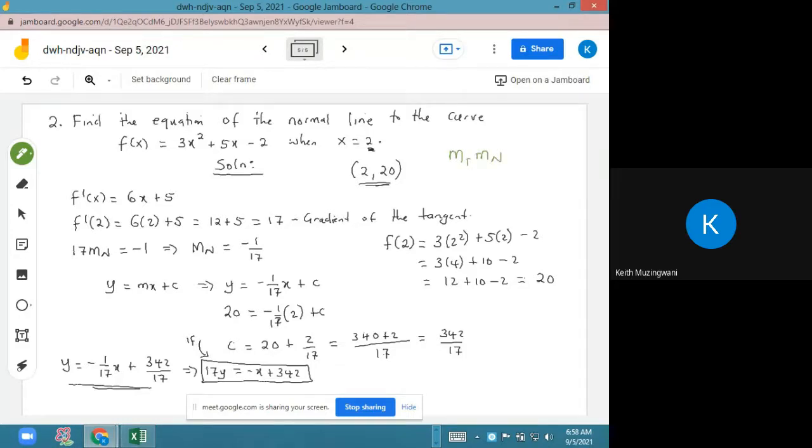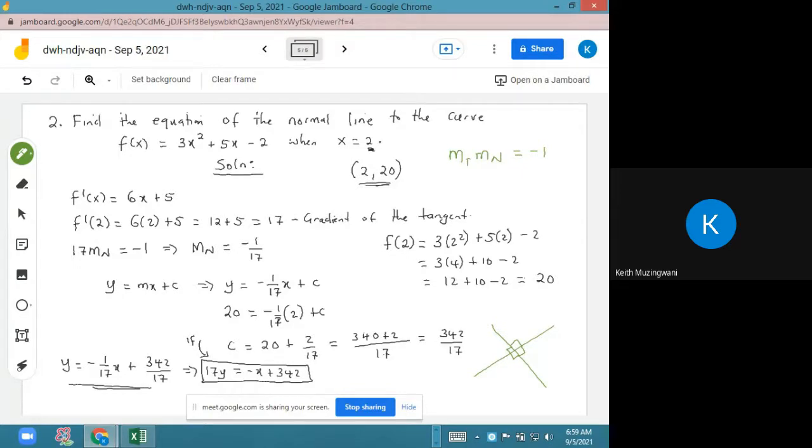Whenever we multiply, we must be getting -1 because they are perpendicular to each other. Where they meet, they form 90 degrees. So this relationship is described well by saying their product is -1. So they are negative reciprocals of each other.